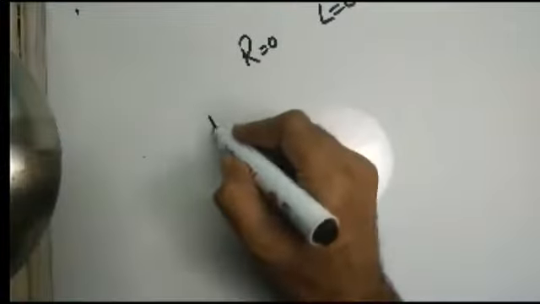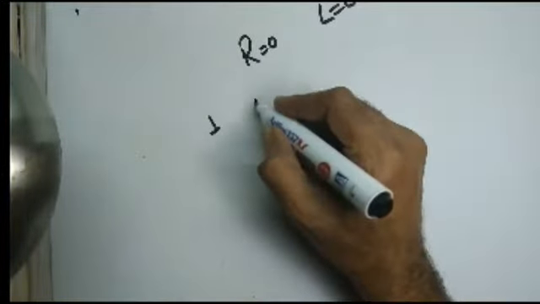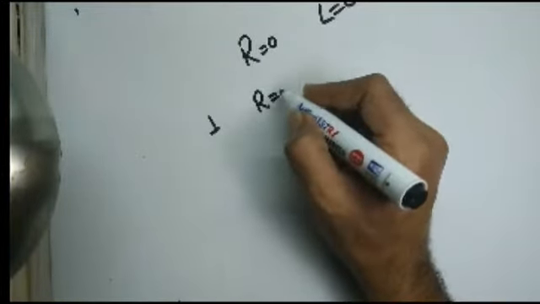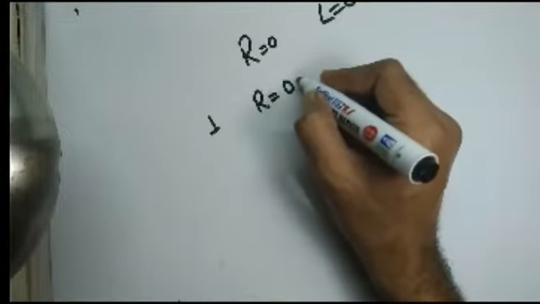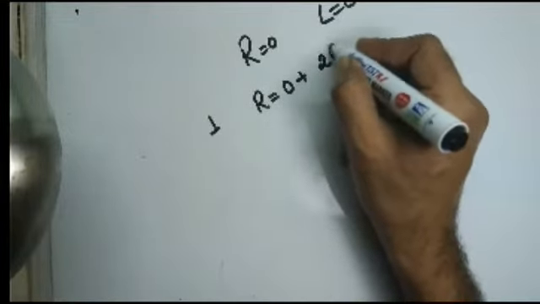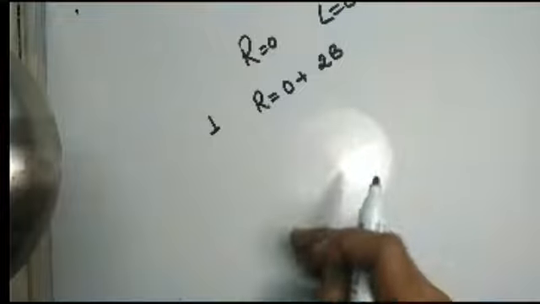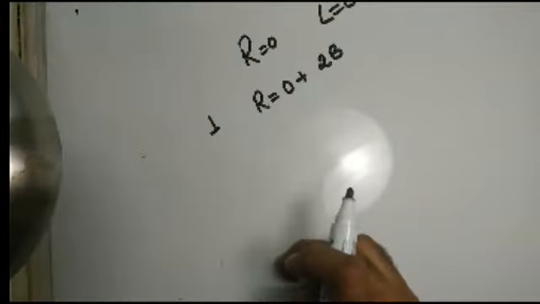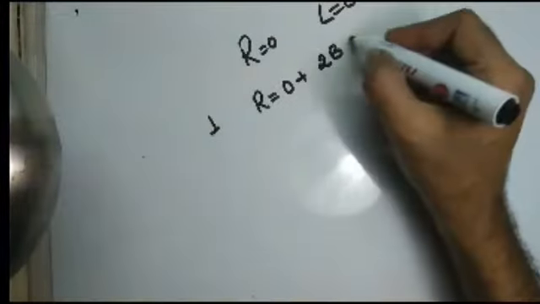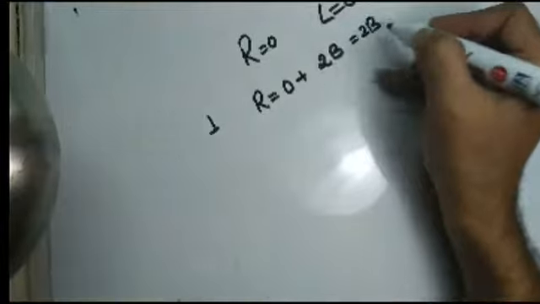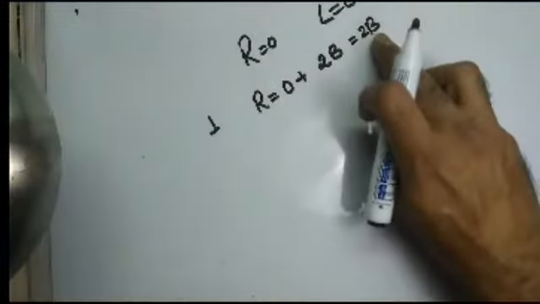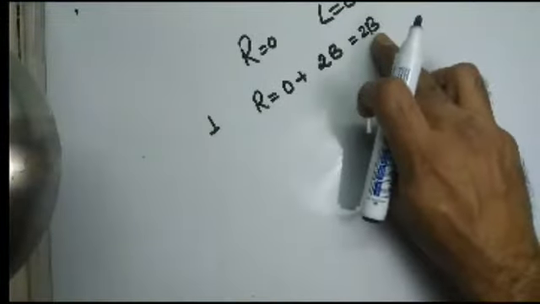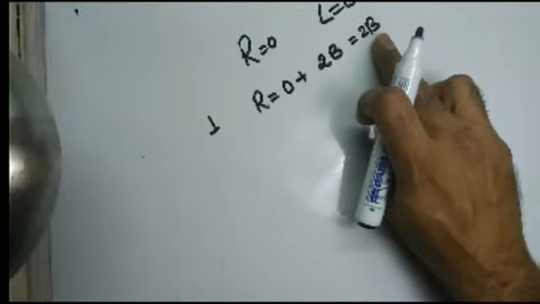In the first iteration, R is equal to 0 plus my first byte, my first 16-bit word, which is 2b, so that gets added and the outcome is 2b. This number is lesser than 256, so it remains as 2b.